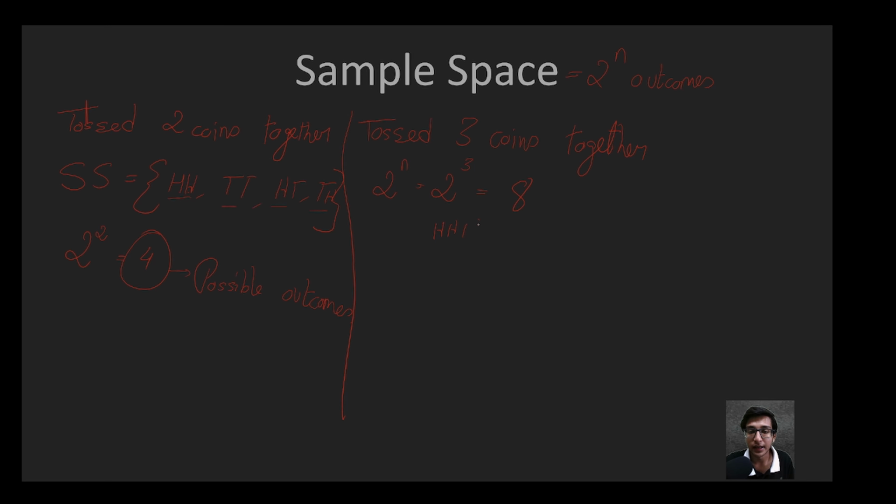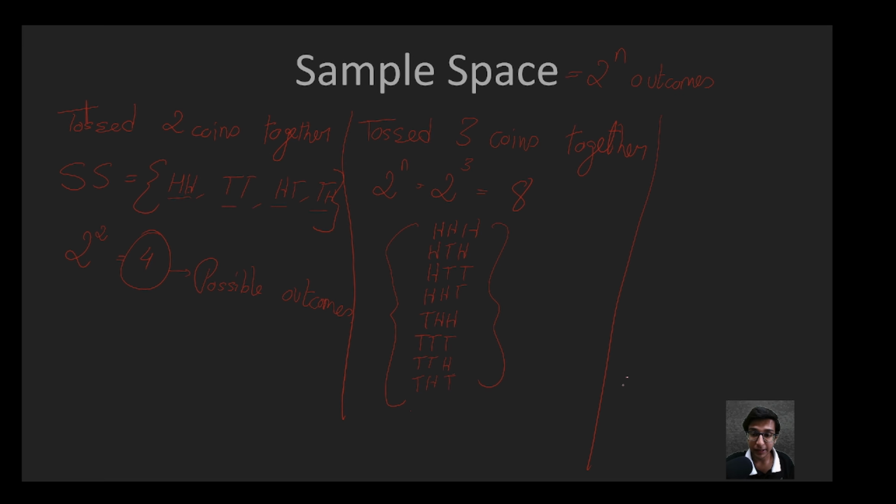Either I can get head in all the 3 coins, or head, head, tail, or head, tail, head, or tail, head, head, or tail, tail, head, or tail, head, tail. So these are my total possible outcomes. That is how sample space is calculated.